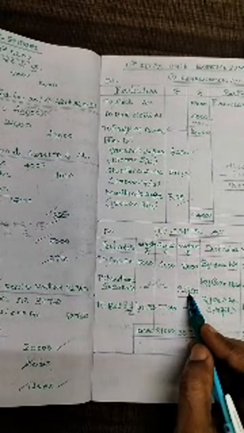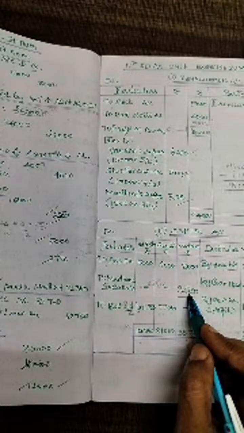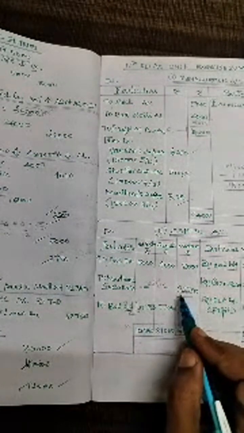Madhuri's settlement value is not paid immediately, so it is transferred to Madhuri's legal representative's loan account. So this amount 32,750 you should enter on the liability side as Madhuri's executor's loan account. Why? Because the continuing partners are liable to Madhuri's executor for 32,750 rupees, so it should be entered on the liability side.